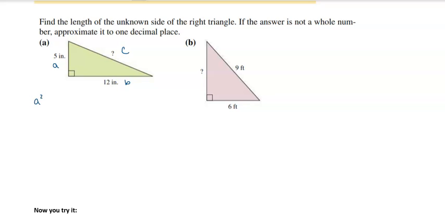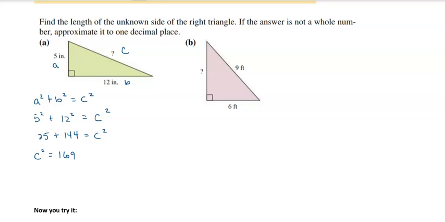So A squared plus B squared equals C squared. So A squared is going to be 5 squared plus 12 squared, which is B squared, equals C squared. Okay, so we've got 25 plus 144 equals C squared. So I'm going to just switch the sides here, and I'm going to say C squared equals 169. So I just added those two together.